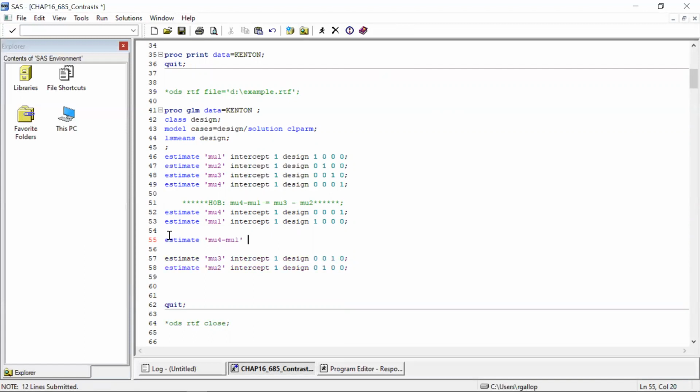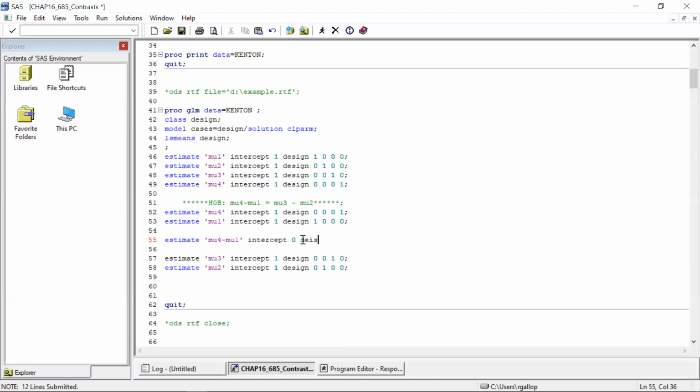To form this estimate statement, it's actually a contrast, but to form this estimate statement, what I do is I look at these equations and I subtract the two. I subtract the two what I call coordinate-wise. So what I mean by coordinate-wise is I go to the intercept term first. 1 minus 1. This isn't high intensity math. 1 minus 1 is 0.